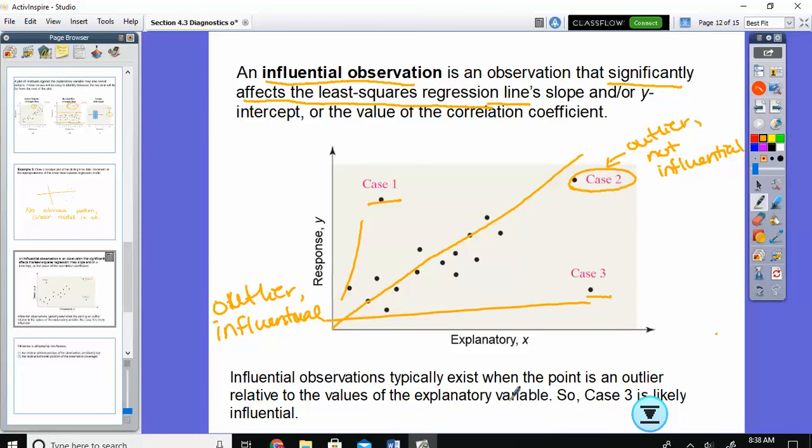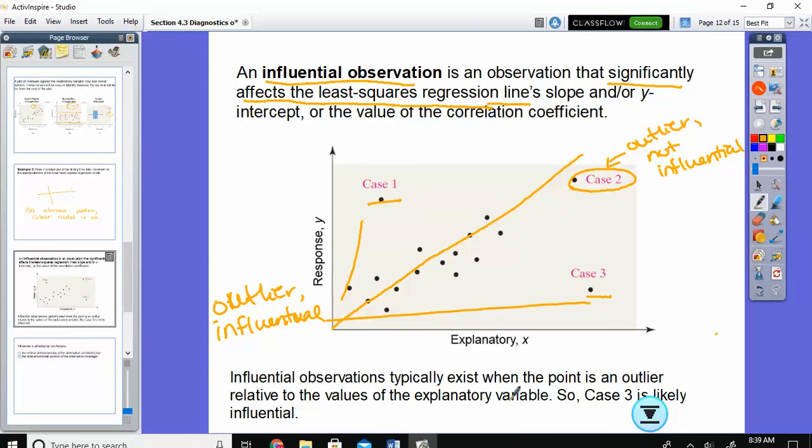Because if you put those in there, it's going to either pull your line up or down. Do you guys see the difference? So that case number 2, that's not a big deal, but 1 and 3, if you had those points, you would probably want to throw those out before you did your linear regression line. Otherwise, they're going to completely change your mind and cause a problem later on.